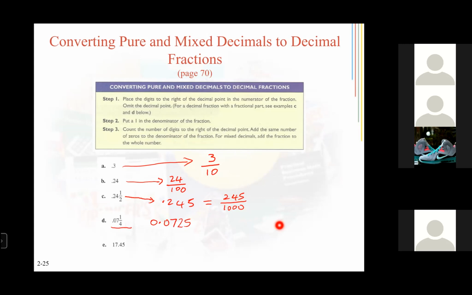And then that would be 725 over 10,000, because you have 4 places after the point. So you're going to have 4 zeros there. All right, and this last one, 17 and 0.45.